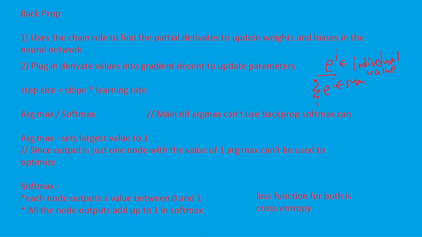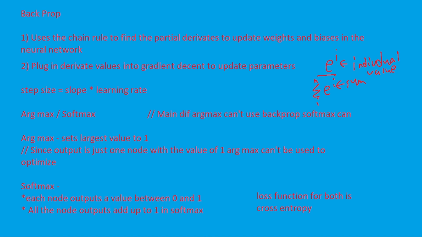It actually predicted it was an emu, and emu was the very last. So maybe that allows us to change the parameters more and tweak it until we have emu a little higher up. And the loss function for both argmax and softmax is cross entropy.